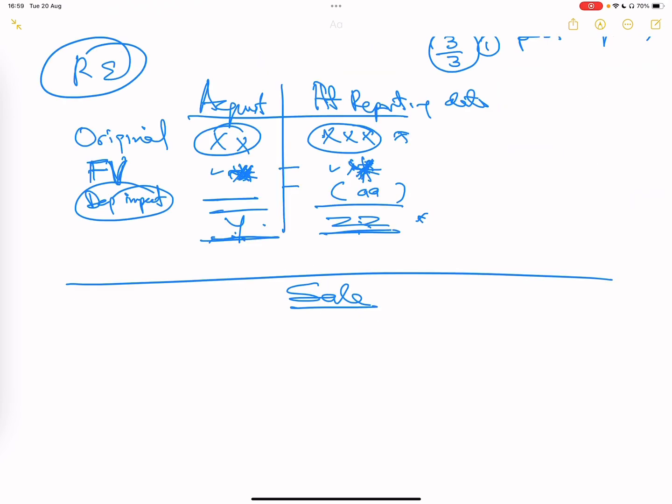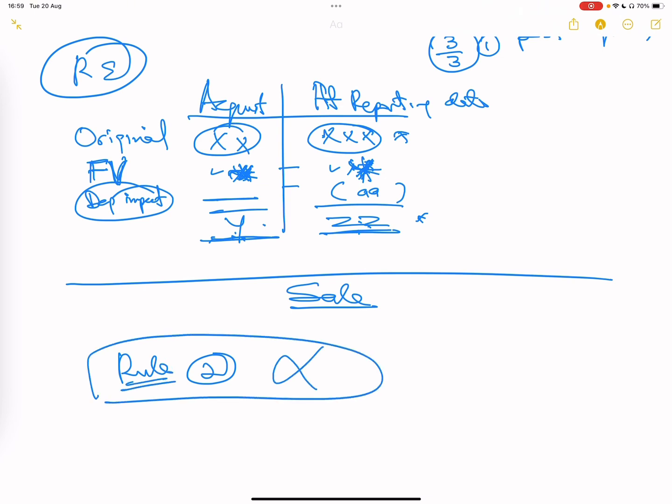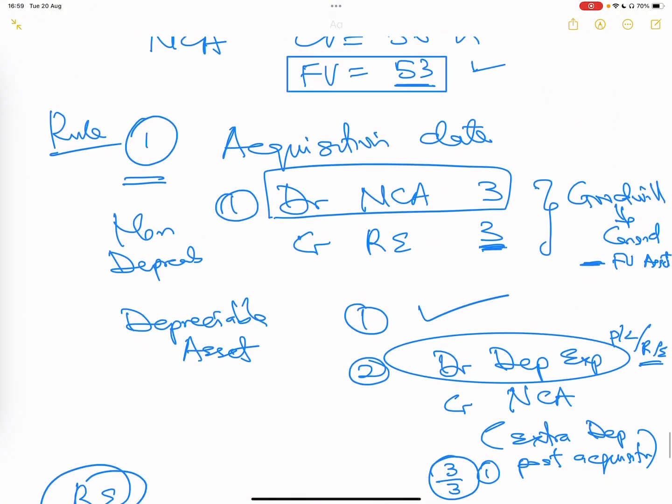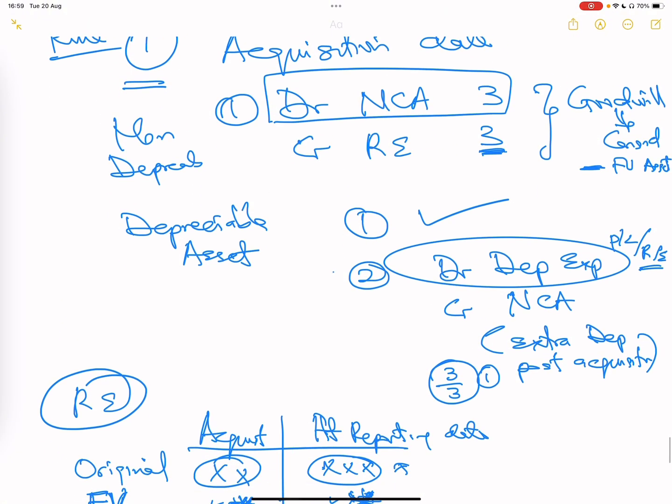Please, if the asset has been sold before the reporting day, regardless of the scenario, whether it's depreciable or not depreciable, rule 2 does not apply because you don't have assets in your financial statement. So if rule 2 does not apply, you don't need to do this rule 2 with interest. It will not be necessary.